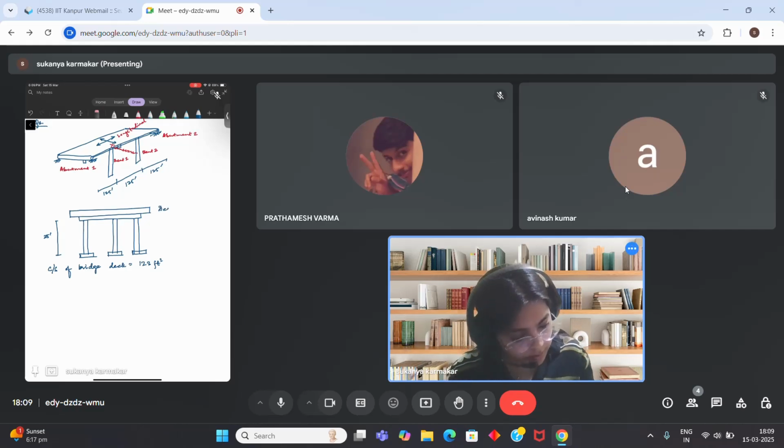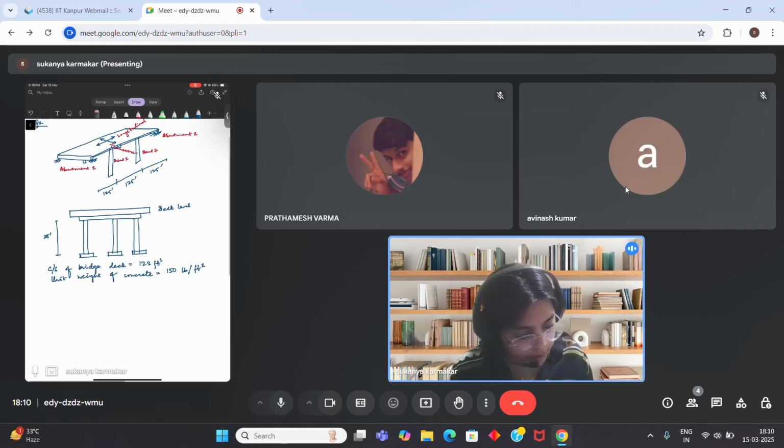So this is the deck level, and the unit weight of the concrete is 150 pound per feet cubed, and the weight of the bent can be neglected. Each bent consists of three 25 feet tall columns.